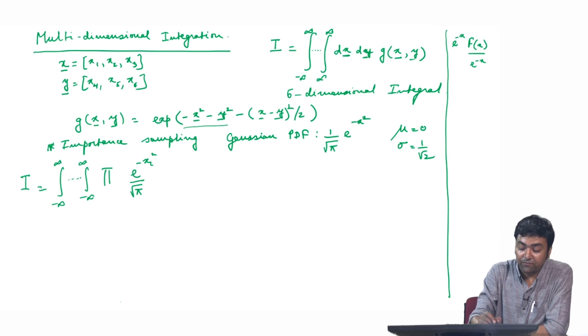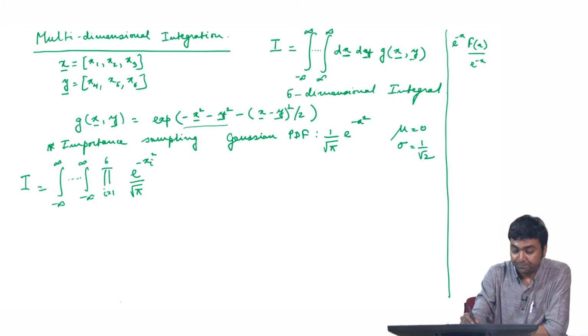Instead of writing it explicitly, I write it in a compact form. Pi here means a continuous product, where i goes from 1 to 6.